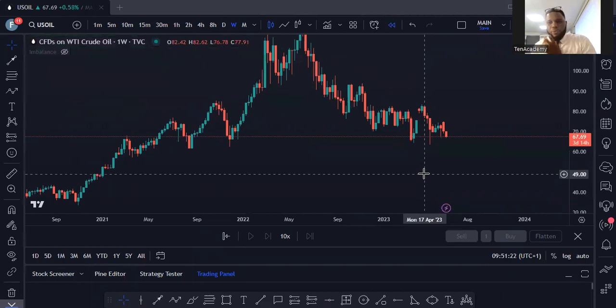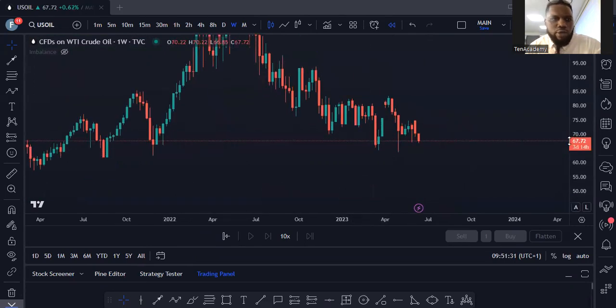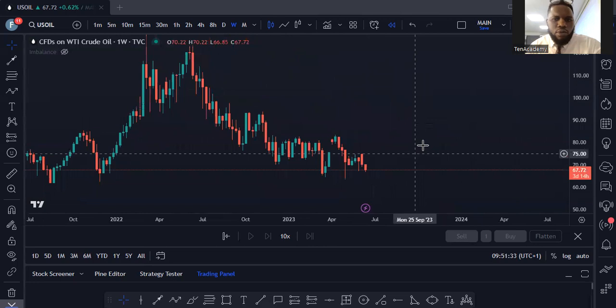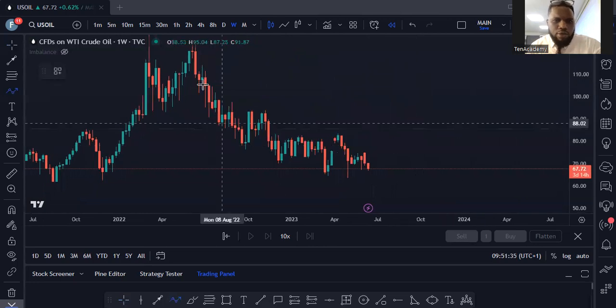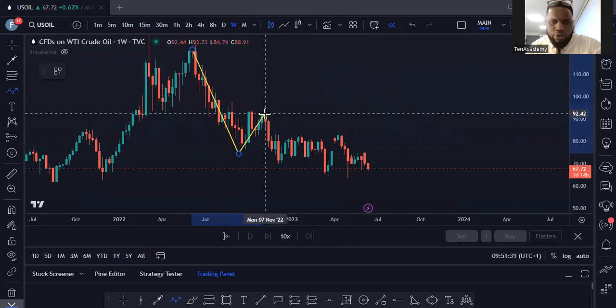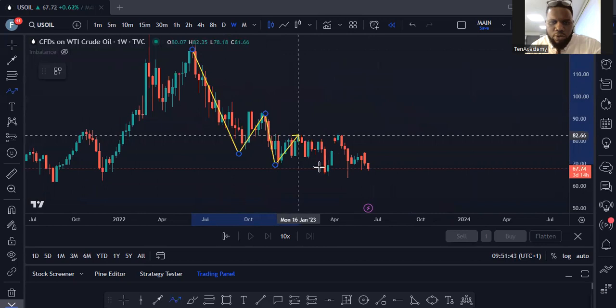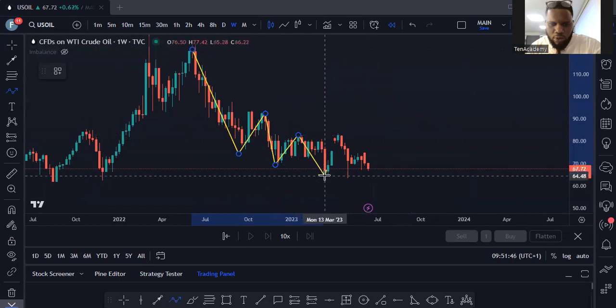So when you look at the weekly time frame, what exactly is going on weekly? A lot is going on weekly on oil. I can see, so I'll just jump all of this. Correction, impulse, correction, impulse.